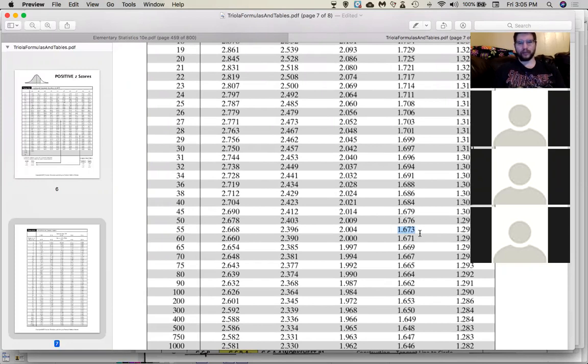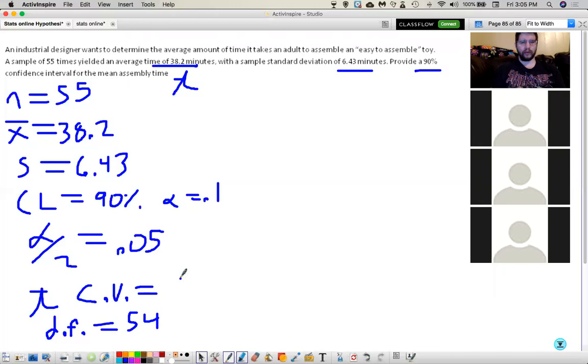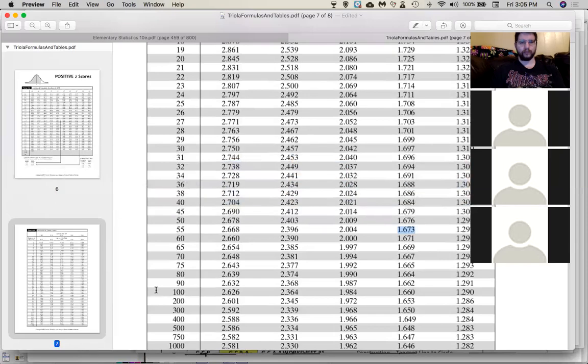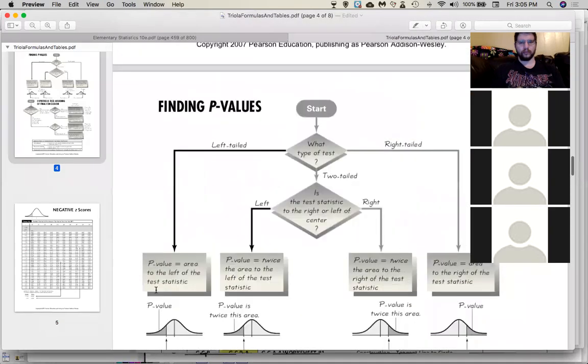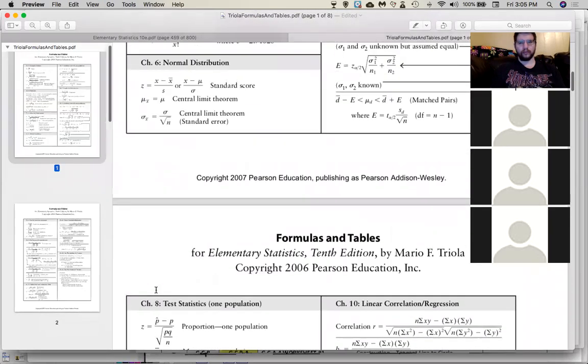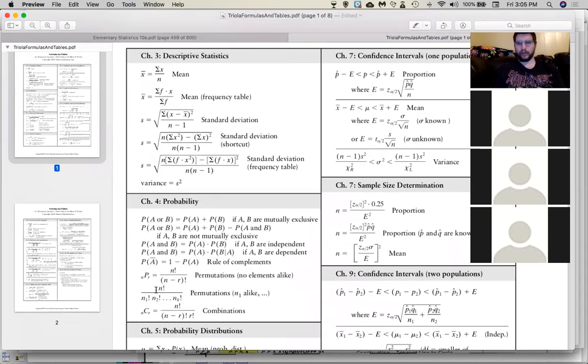So 1.673 would be my critical value. So if we look at our formula, up here it is.